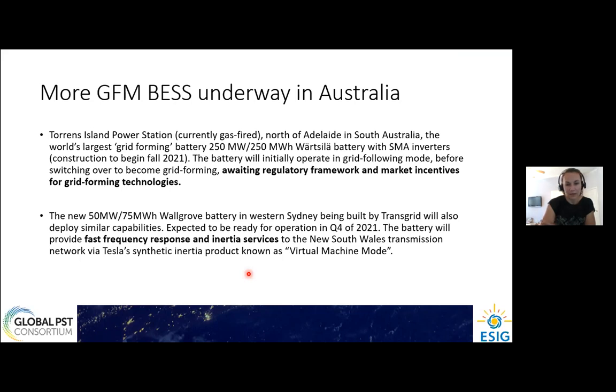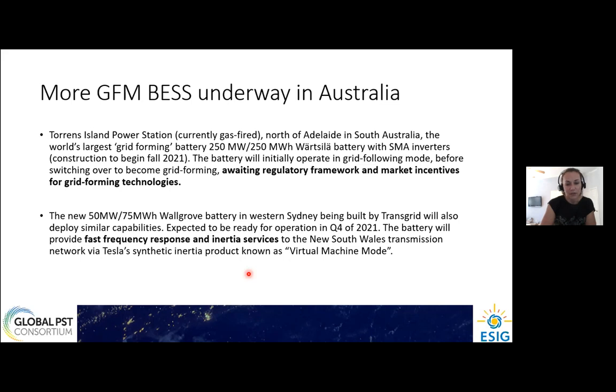And then another grid forming battery, 50 megawatt, 75 megawatt hours, is being built by Transgrid, and will also be grid forming, and will be finished by the end of this year. It will provide fast frequency response and inertia services in the New South Wales network, and it uses Tesla virtual machine mode technology.